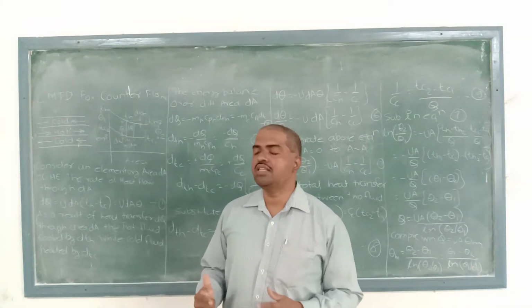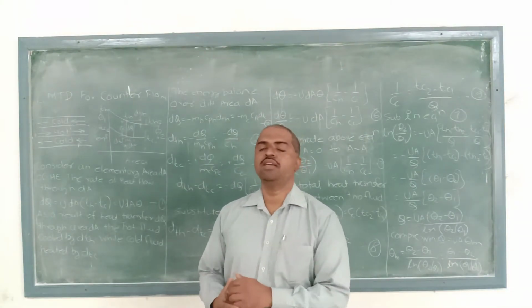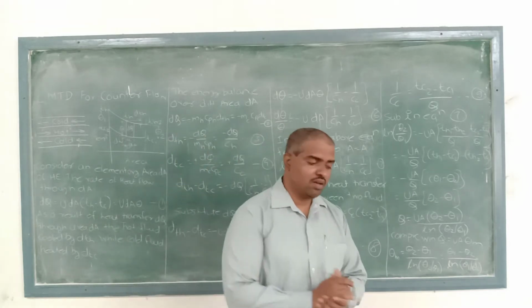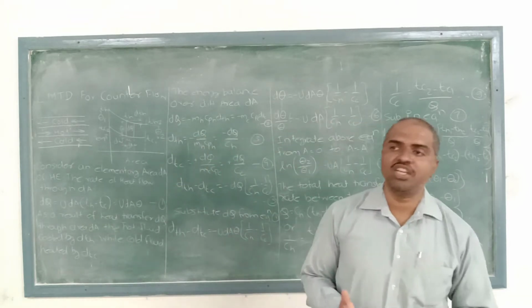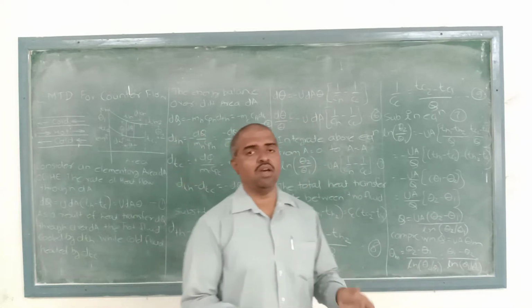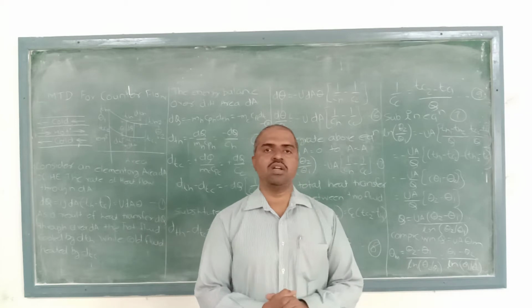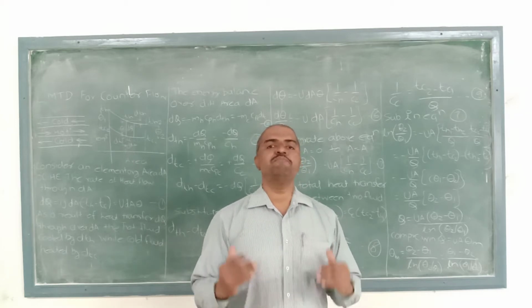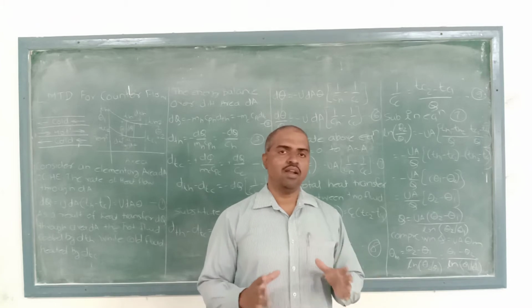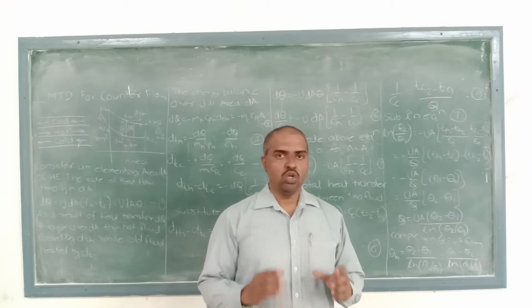By using this temperature difference, we can calculate the heat transferred through the heat exchanger. Though the conditions change, and at different specified conditions we test the heat exchanger, it gives the same performance, that is, a constant heat transfer rate.